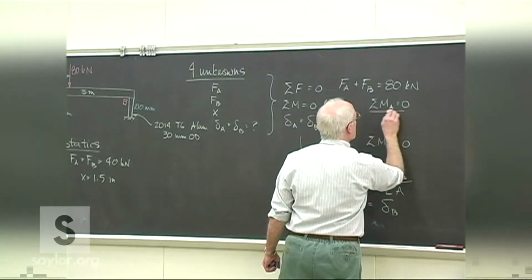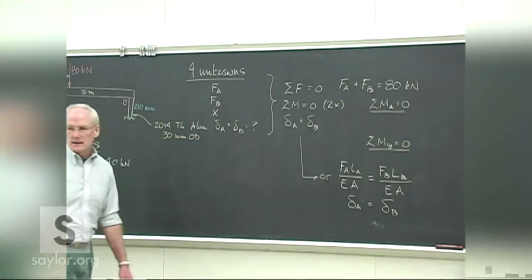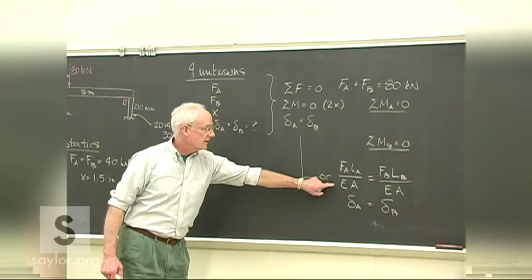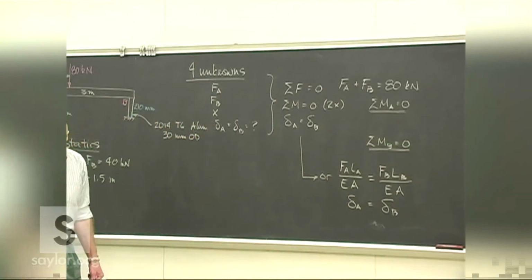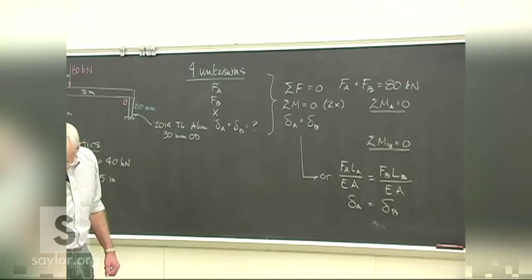That'll give you 4 equations and 4 unknowns. You can actually get X right from this one. Well, no, not right from it. Actually, the 2 moment equations will go in there.